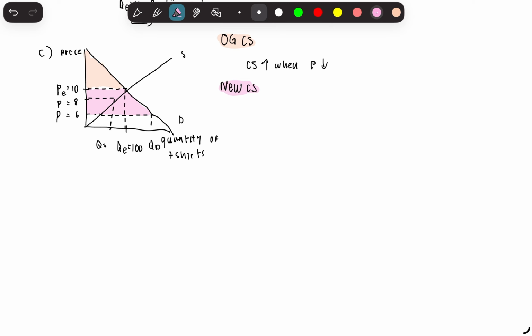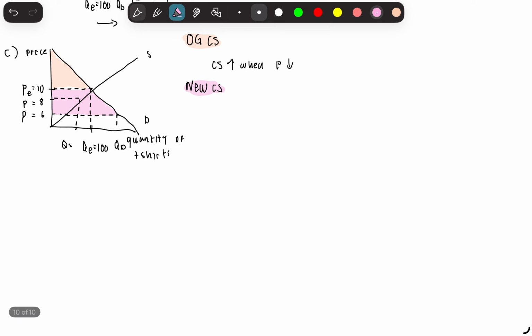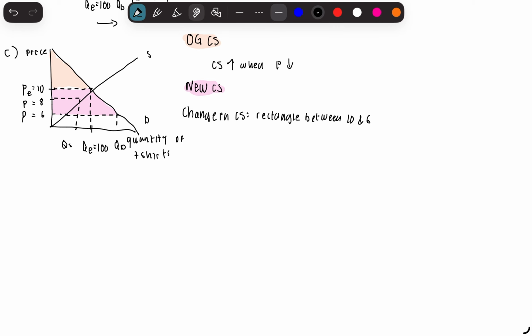So the change in the consumer surplus is the rectangle between 10 and 6. So we're talking about this rectangle.